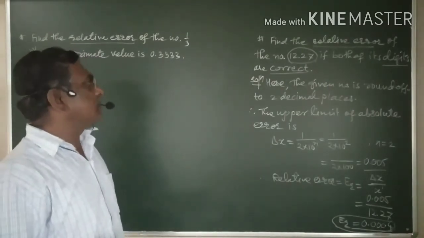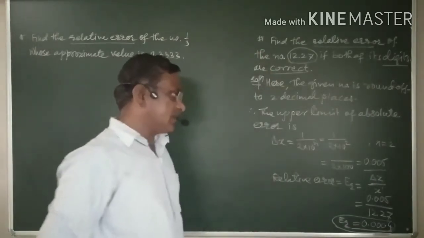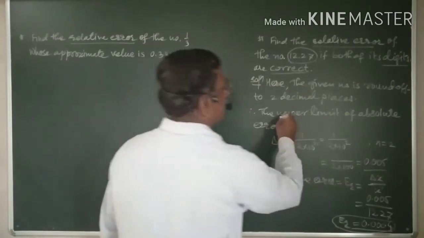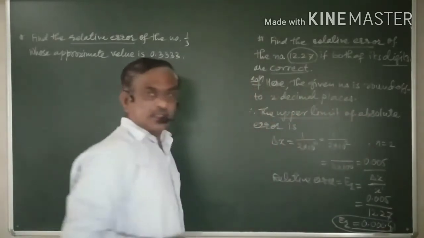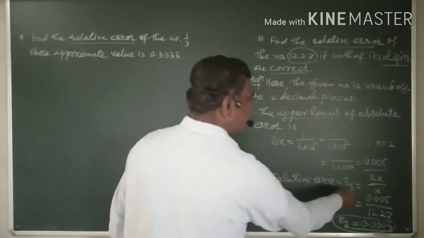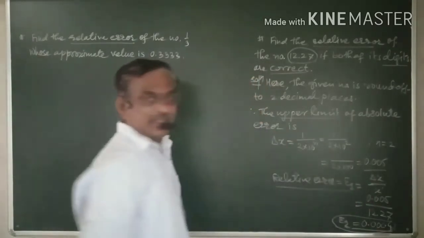There is no approximate value given in that example, and therefore we obtain the upper limit for absolute error, and once you obtain it, we can use the formula for relative error as del x upon x dash.